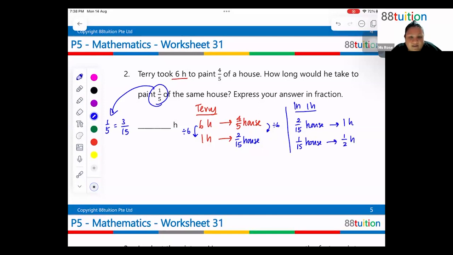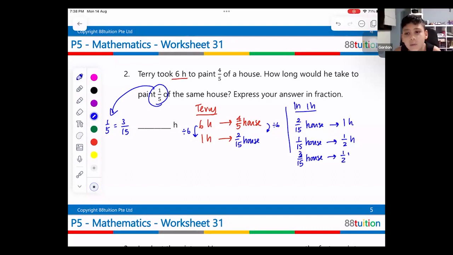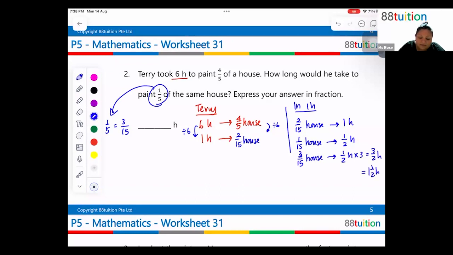Understand this part? So to paint 3/15 of a house would be half an hour times 3, which gives me 1.5 hours. Can you follow? It is done by steps like this. Does anyone have any question? Evan?